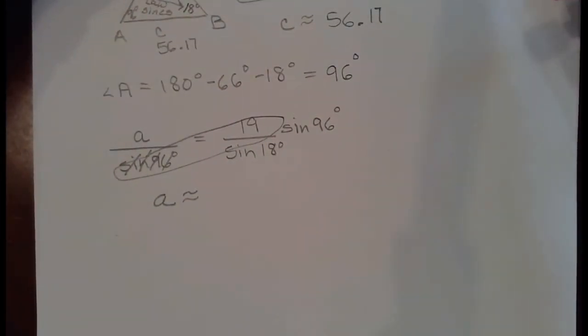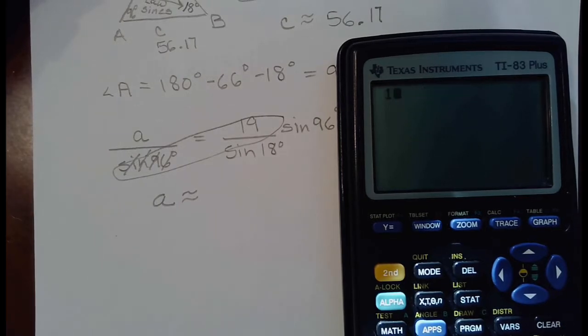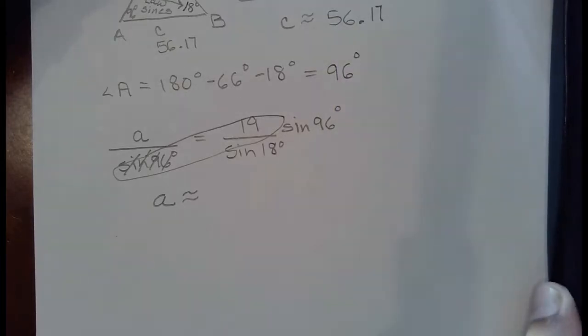Okay, so now actually putting this in the calculator, we have 19 times sine of 96 degrees. That gives me my numerator divided by sine of 18. And that gives me 61.14.